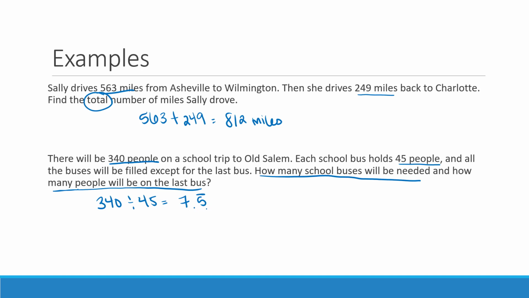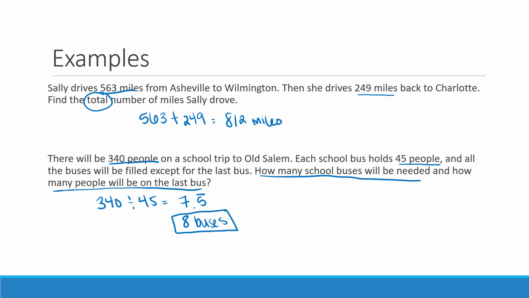If you have this little fraction of a bus left over, think about how many whole buses are you going to need in order to carry those students. Even if it was 7.1, you wouldn't just need 7 buses, you would need 8 buses in order to account for everybody. Y'all, we can't have a fraction of a bus. It's not going to run. So we're going to need 8 buses in order to carry all of those students.